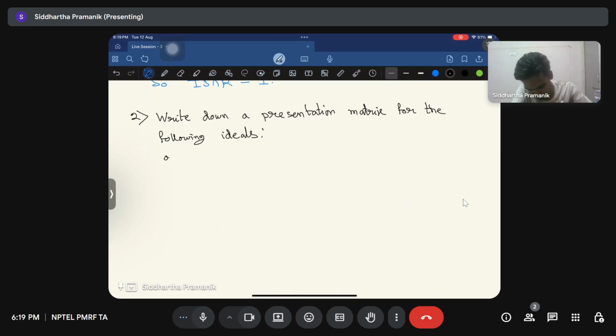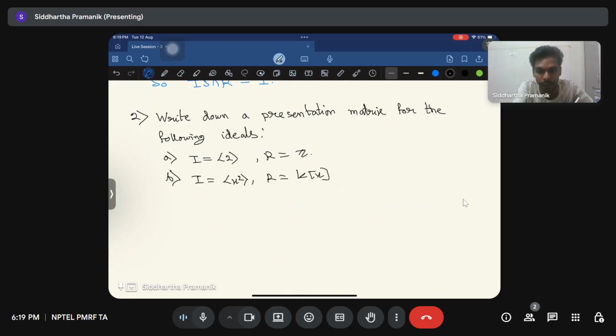The first one is the ideal generated by 2 when the ring is the ring of integers. B is the ideal generated by x square when the ring is just k[x], the polynomial ring in one variable.